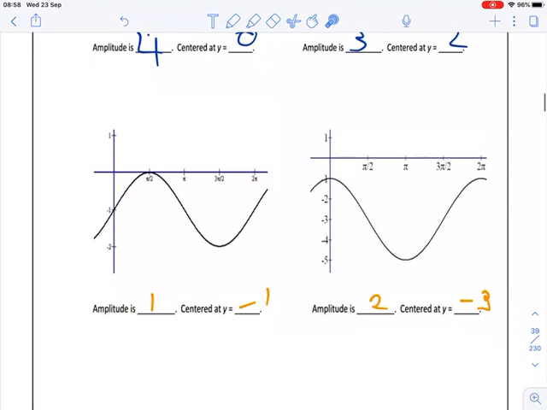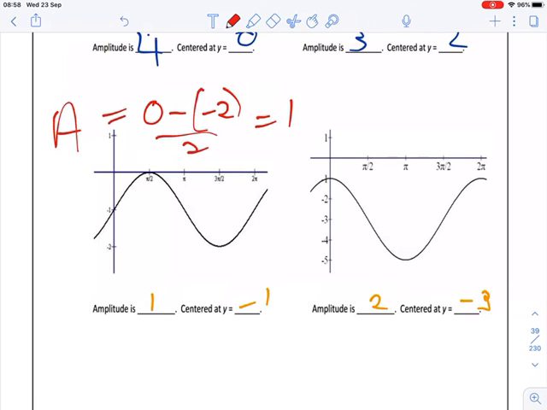Let's look here. If we take the minimum plus the maximum, that gives minus 2, and we divide that by 2, we get negative 1, which should be the central position. Now from the center to the top should give the amplitude, so that gives 1. If we take the maximum minus the minimum over 2, that gives us also 1, showing that the amplitude should be 1.